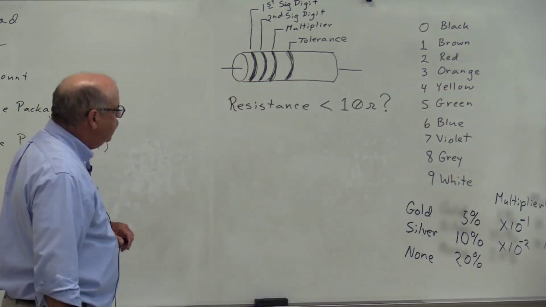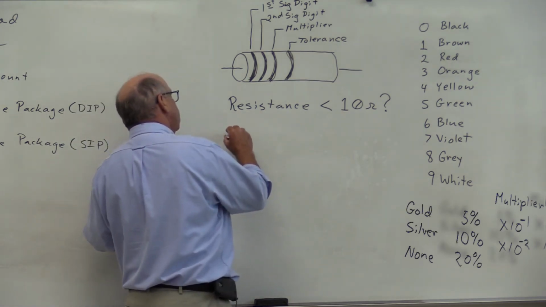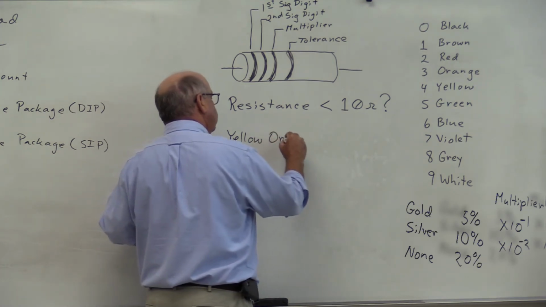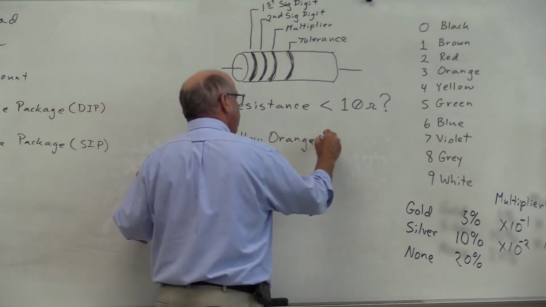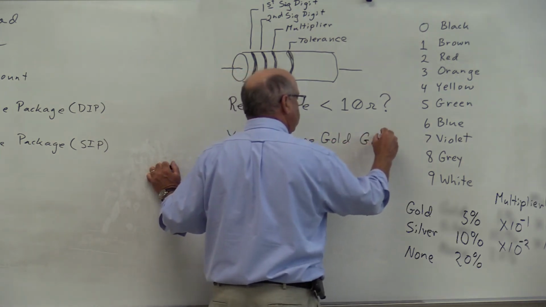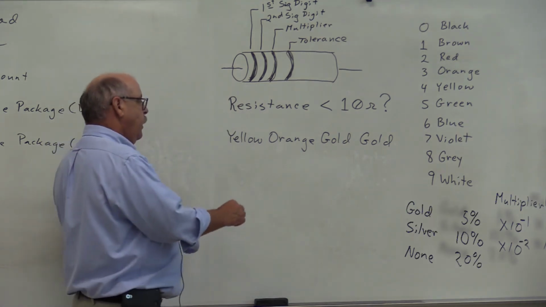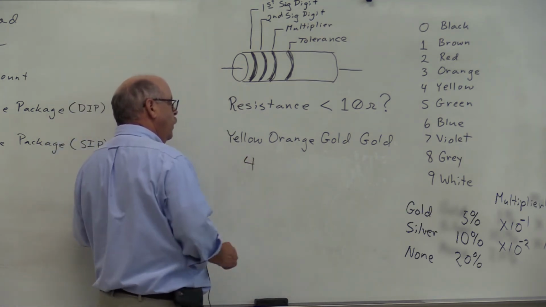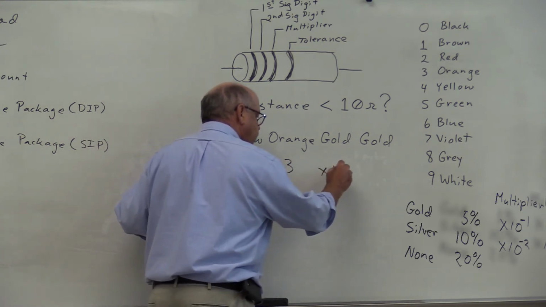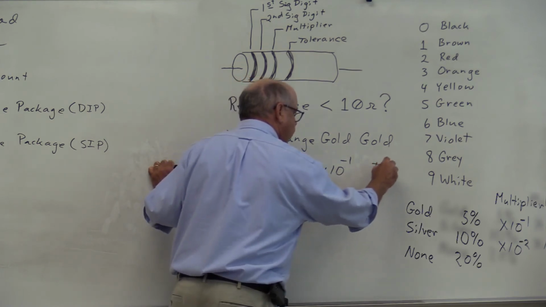So if we saw a resistor that was labeled yellow, orange, gold, and gold, this resistor would have a value of 43 times 10 to the negative first, plus or minus 5%.